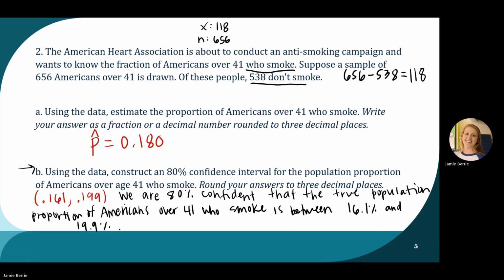Okay. We're 80% confident that the true population proportion of Americans over 41 who smoke is between 16.1% and 19.9%.